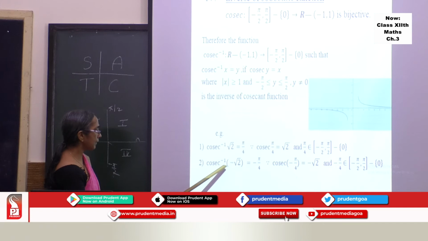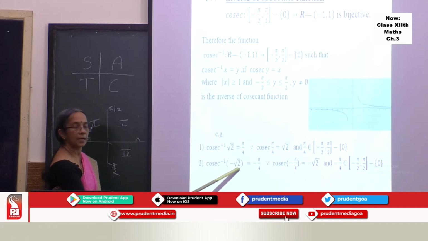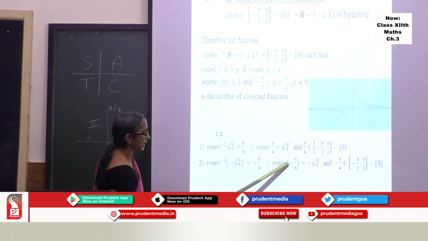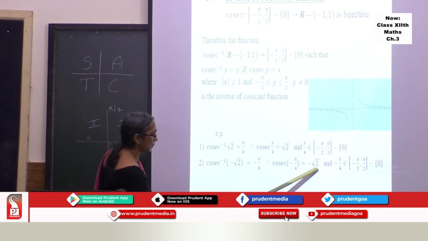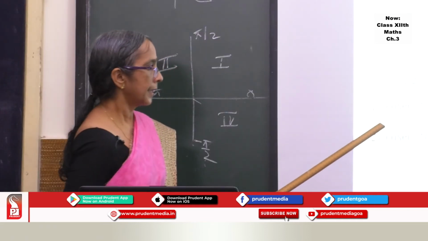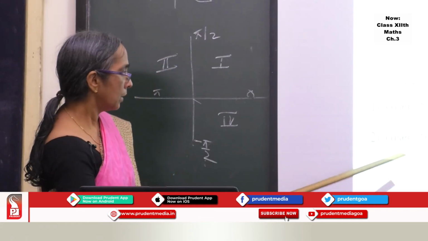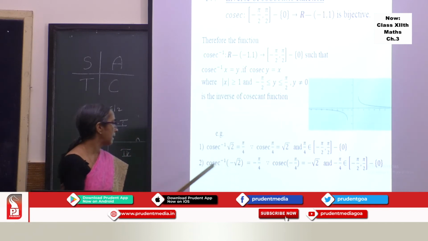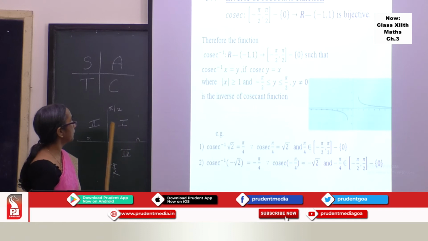And cosec inverse of minus root 2, like the sine inverse function, is an angle between minus pi by 2 and 0. Therefore, it is minus pi by 4, because cosec of minus pi by 4 is minus root 2 and minus pi by 4 is in the range of the function. Therefore, cosec inverse of minus root 2 is minus pi by 4.